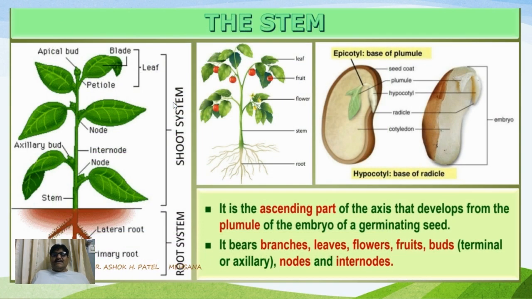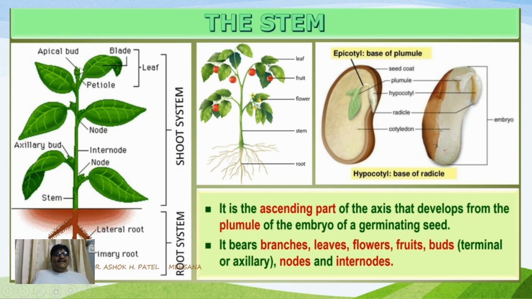The second part is known as the shoot system, which has the stems, leaves, etc. It is the ascending part of the axis that develops from the plumule of the embryo of a germinating seed. It bears branches, leaves, flowers, fruits, buds, nodes, and internodes.